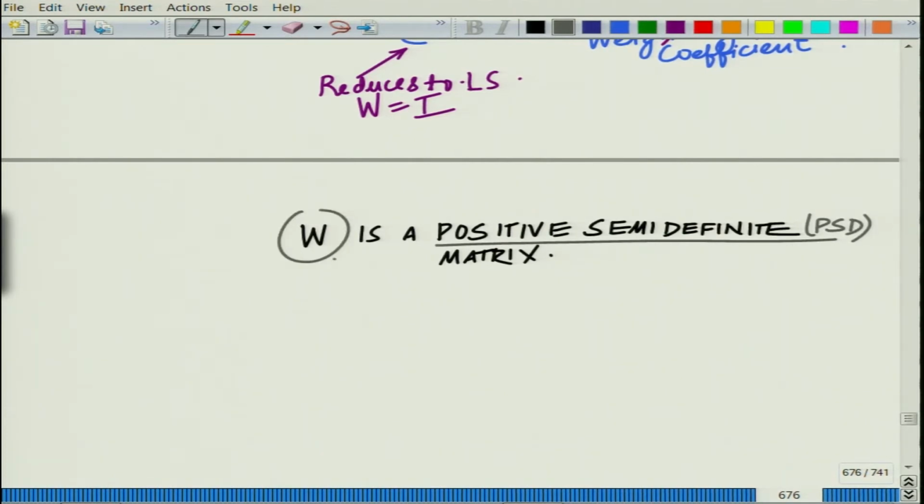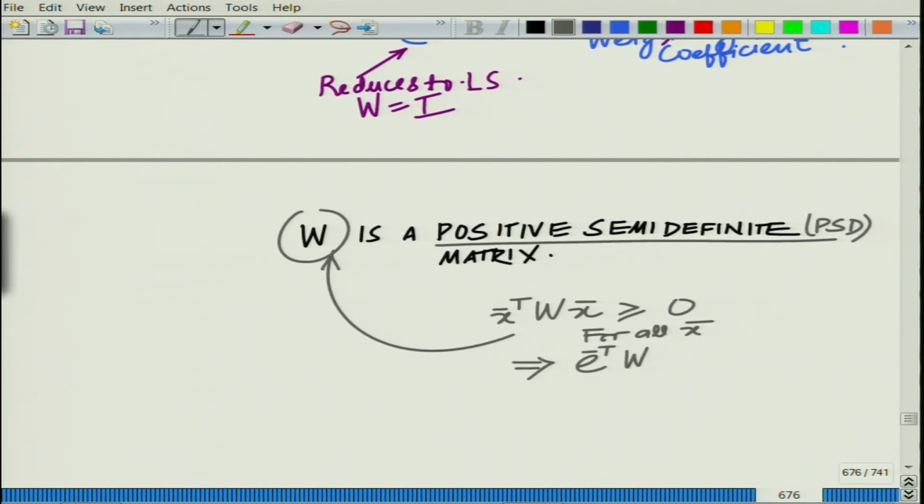What is the meaning of a positive semi-definite matrix? This implies x bar transpose W x bar is greater than or equal to 0 for all values of x bar. Therefore, the error e bar transpose W e bar is always greater than or equal to 0, which implies the cost is always non-negative, just like the least squares.